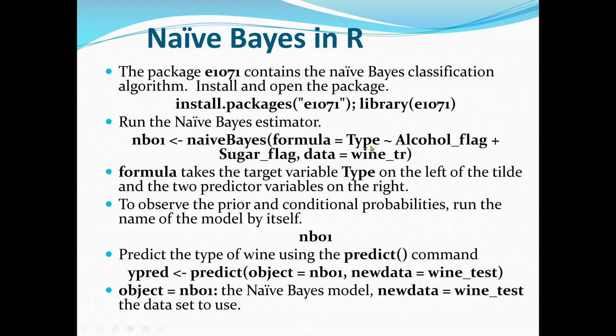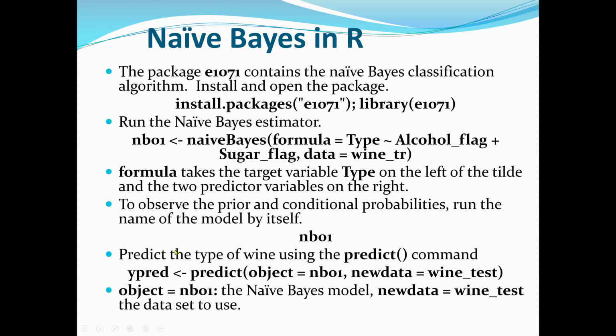So the formula: the type is alcohol flag plus sugar flag, and the data is 1TR. The formula again takes the target variable type on the left, and then the two predictor variables on the right, which are alcohol and sugar level.